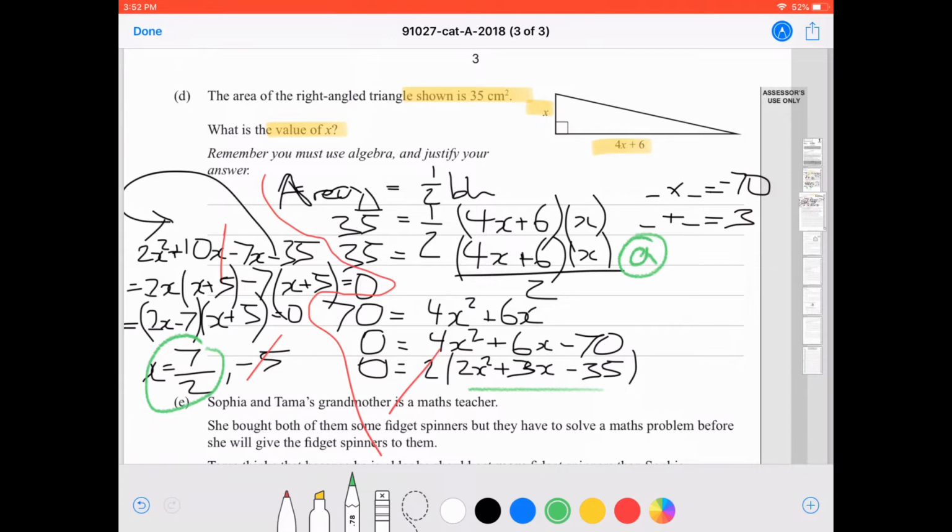So up here possibly is the merit. And Excellence, correct solution justified. So 7 over 2 and negative 5, giving them as solutions, would probably only get you the Merit, but we've linked back to the context of the question and ruled out negative 5 as a solution, and that will get us the Excellence grade.